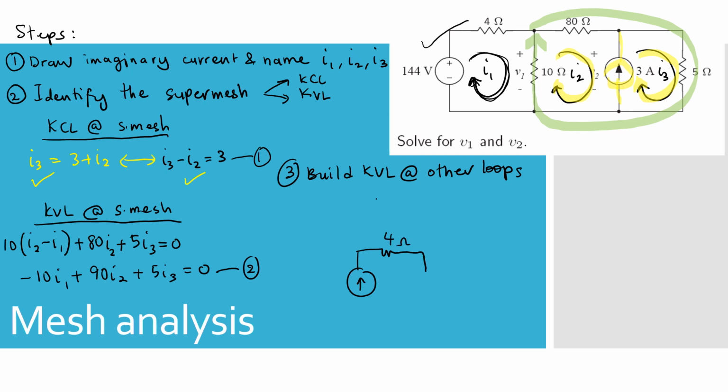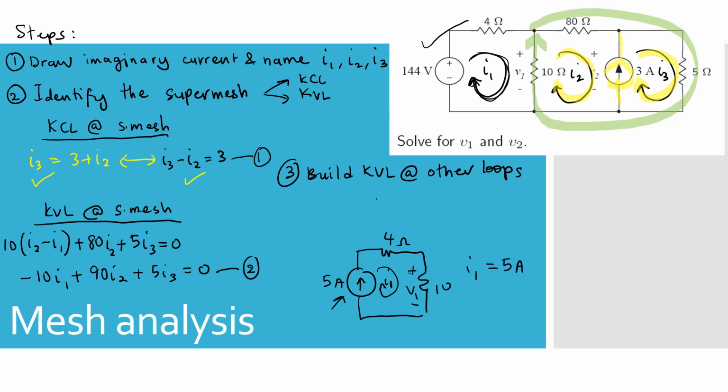We just follow this, and then we have some 10 here and plus V1 here. So let's say this is a current source and we put some value, 5 amps. If you name it as I1, then this I1 should be equal to 5 amps.